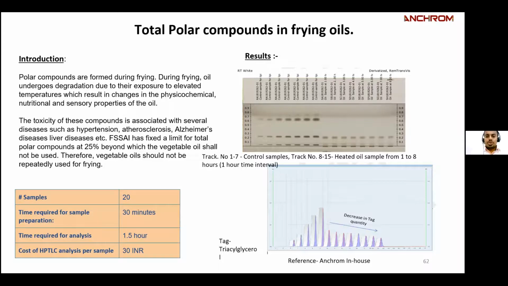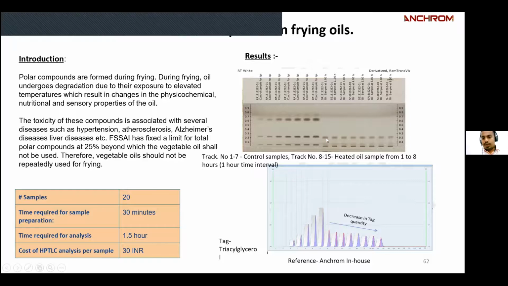So here you can see at 0.2 RF in the sample, this is the band of triglyceride, and all the tracks from number 9 onwards are various oils after heating at 1 hour, 2 hours, 3 hours, like this, at different intervals.